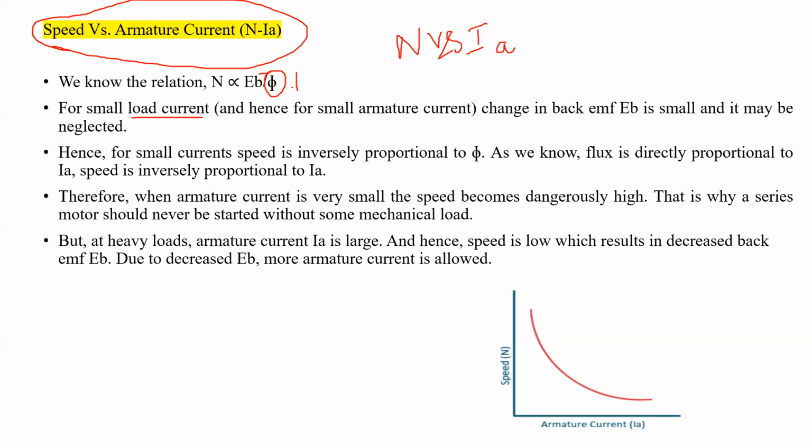If the flux decreases, speed increases. If the flux increases, speed decreases. Okay, this is the relation. That's why if the armature current increases, the speed is going to decrease. Is it clear? So this is the speed versus armature current characteristic.